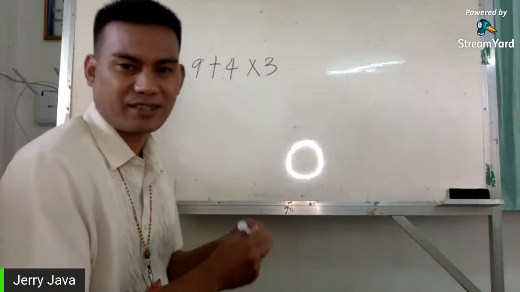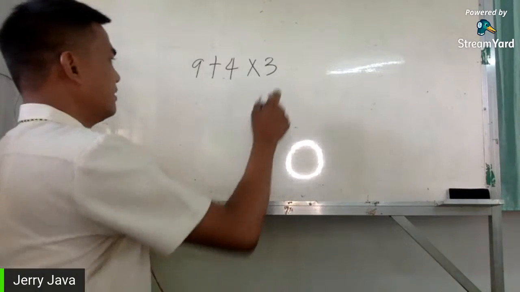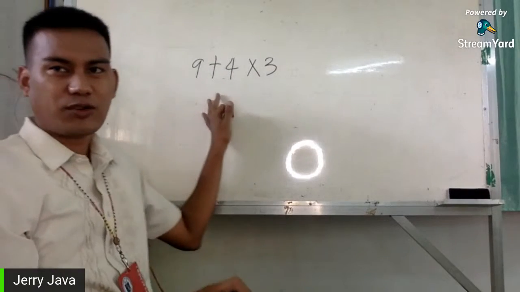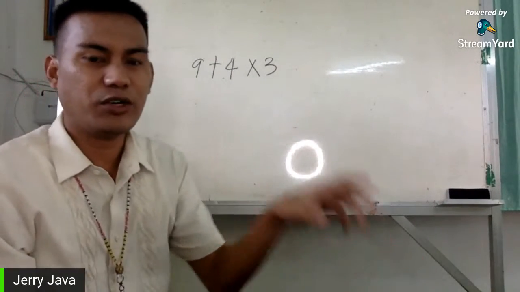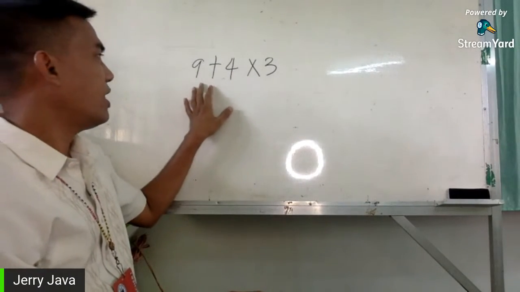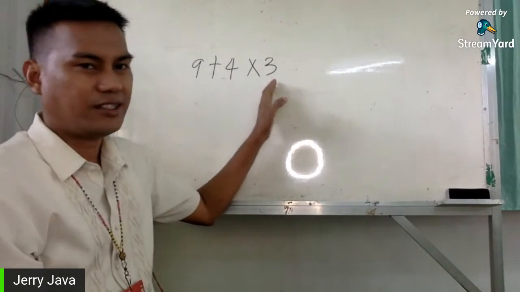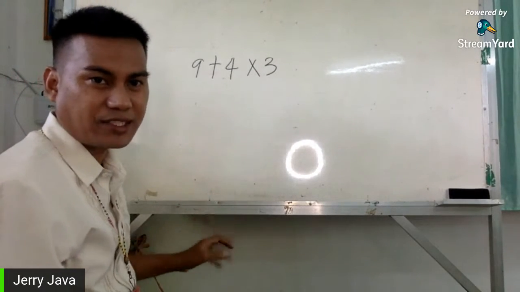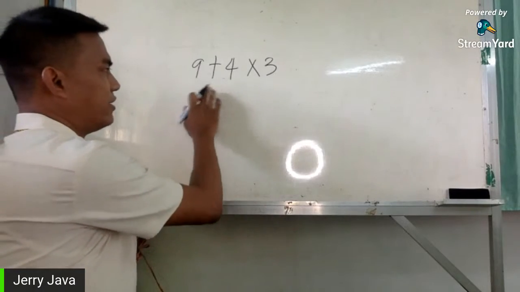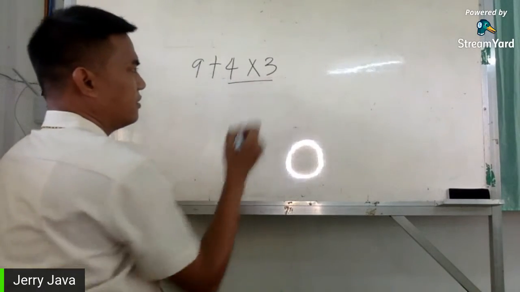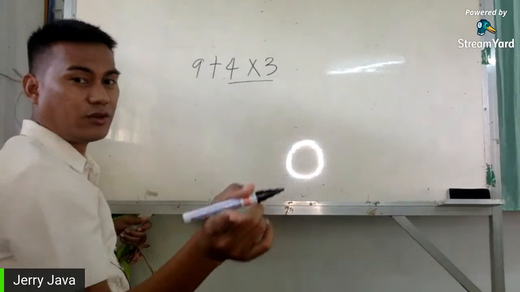Okay, let's check. Let's see if you get it. What are you going to operate or do first? Are you going to do 9 plus 4 or 4 times 3 first? We are going to follow the PEMDAS, so multiplication first before addition. So 4 times 3 gives you 12.